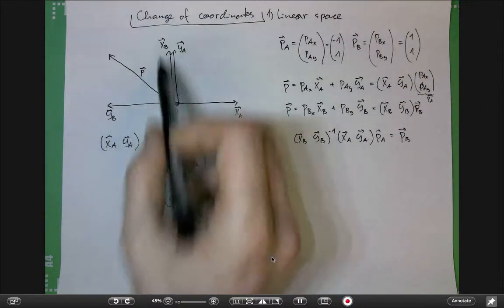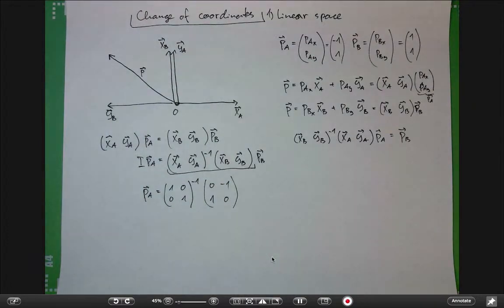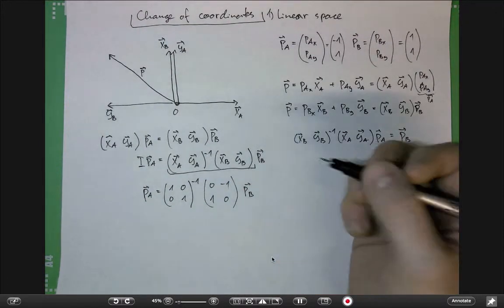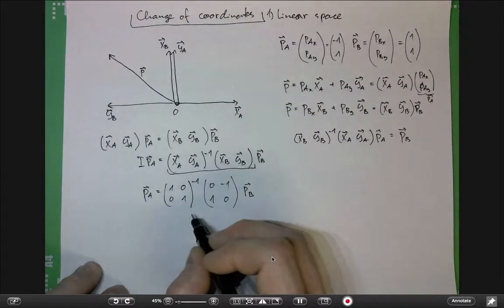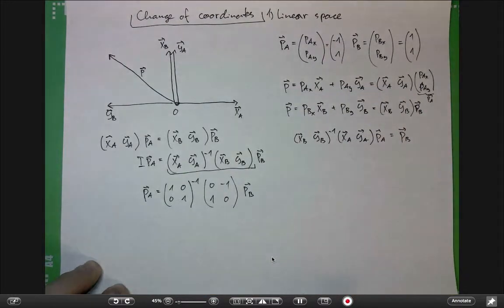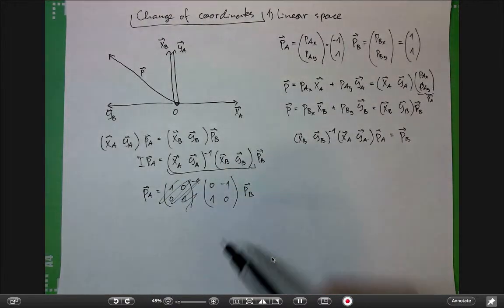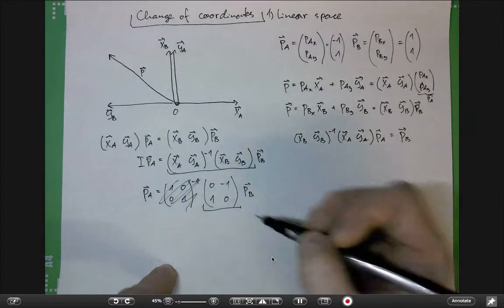Right? So those are the coordinates with respect to the standard basis vectors corresponding to this drawing. So this is just identity. The inverse of identity is, of course, again identity, right? Nothing happens there. So I can just take this away, and this is the conversion matrix.